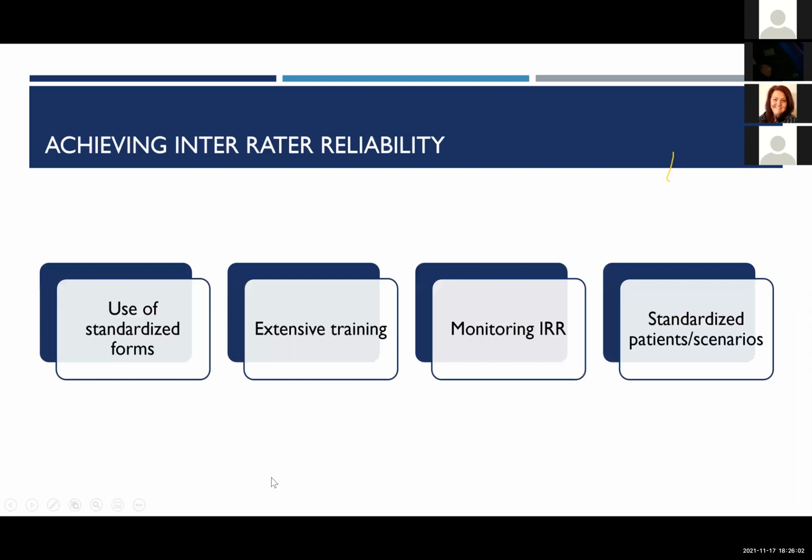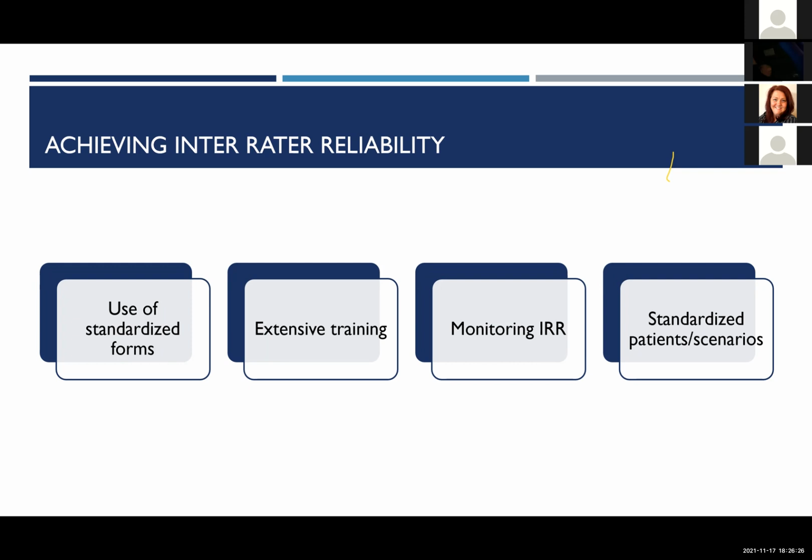So how can we achieve higher inter-rater reliability? I mentioned the analytical information from other health professions, because remember, we don't have a lot of research and data in the EMS reliability realm. So we have to take that information from these other health professions and use that as our own framework.